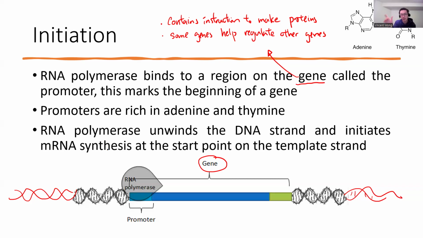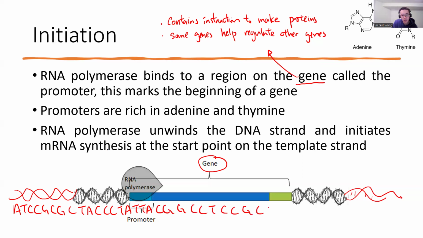Okay, it's just a segment of DNA, and this DNA code has the ability to produce the proteins for us. Now, if I zoom into this DNA, you don't have to write this down, okay? It would just be a bunch of DNA, ACTGs, okay? So, how do we know when the gene begins?